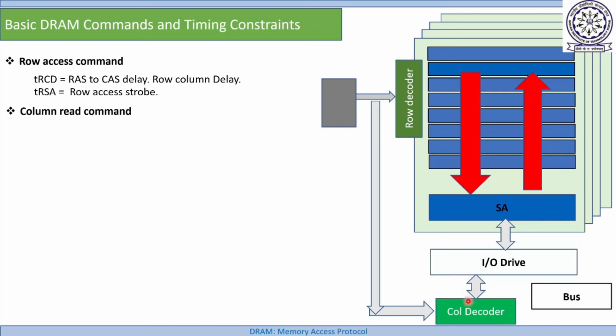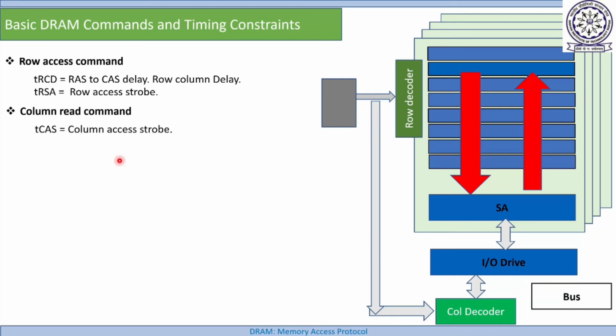The time required to move the corresponding column from here to the data bus is called tCAS, column access strobe. That means tCAS is the time starting from when the column read command is issued to when the data is available to transfer through the data bus.